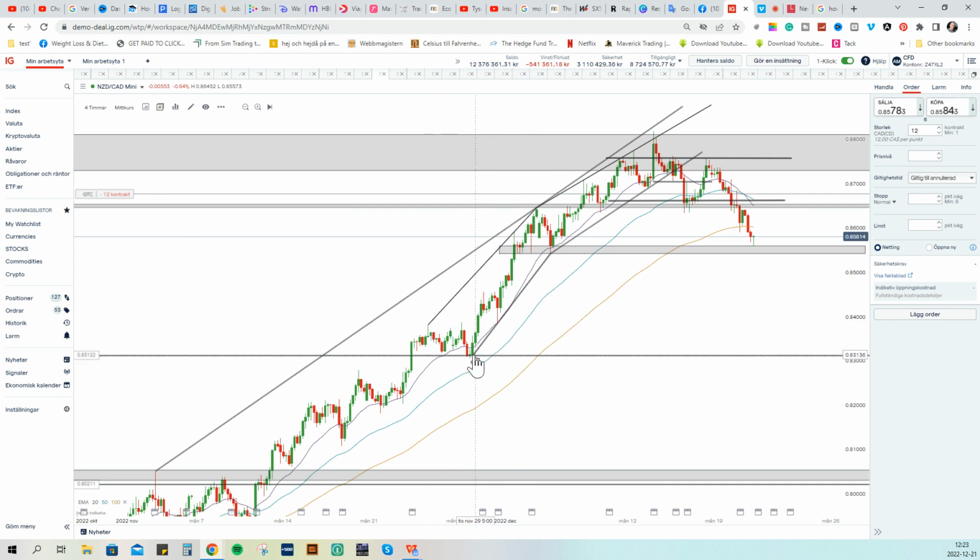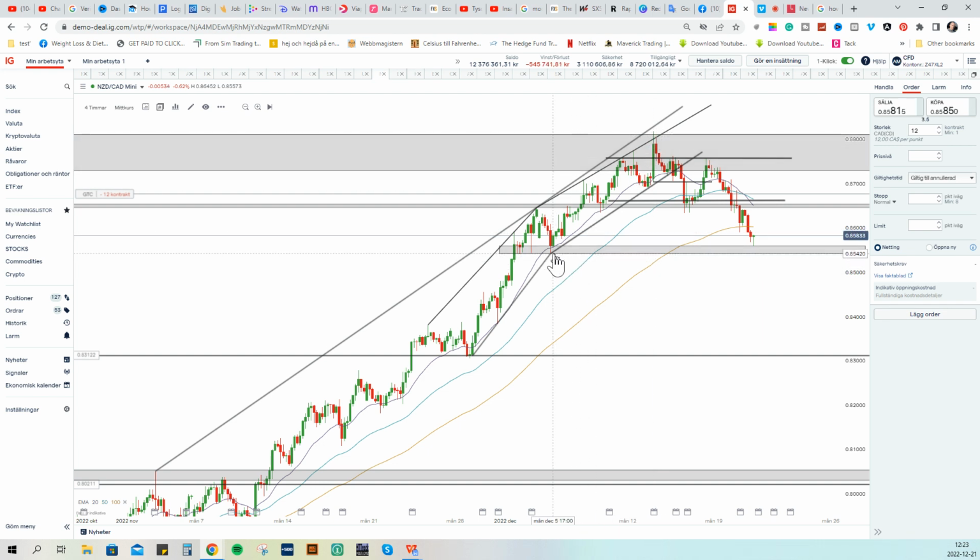And also the bottoms here, I have connected 1, 2, 3. So here you have one channel in this direction, but then you see the other channel losing its momentum when I connected this top and this third top, fourth top. Then the price tried to go above here for the 5th time, but it didn't manage that.